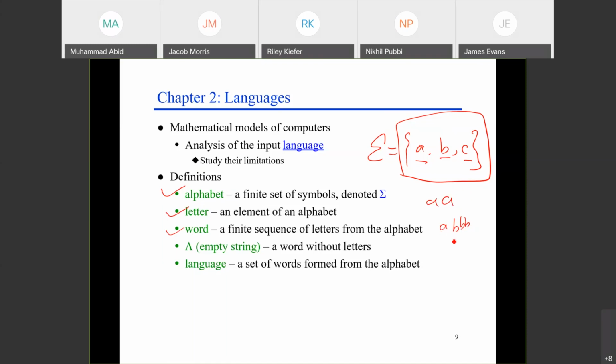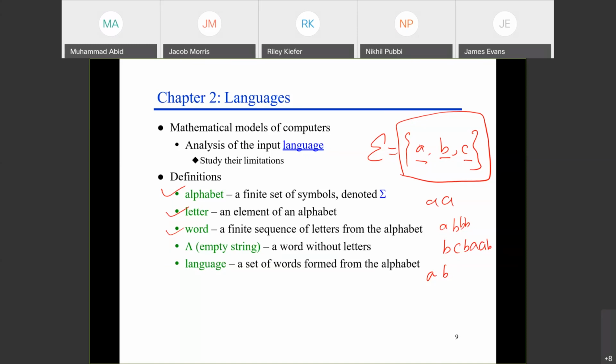Or I have a word which starts with B, and I don't care what comes after that. Might be C, might be B again, might be A, as many times, but it always starts with B. Or a word which starts from A or B, or it is A B. So any combination of letters from the summation, which is your alphabet, will be a word.